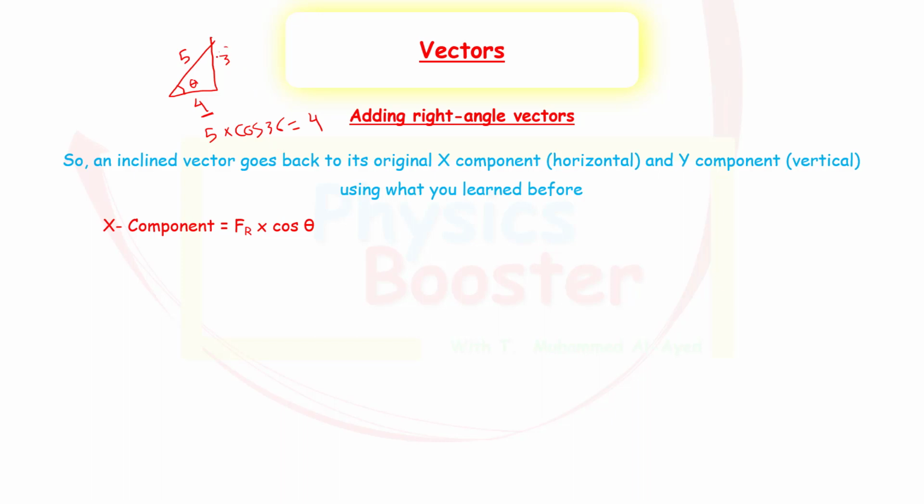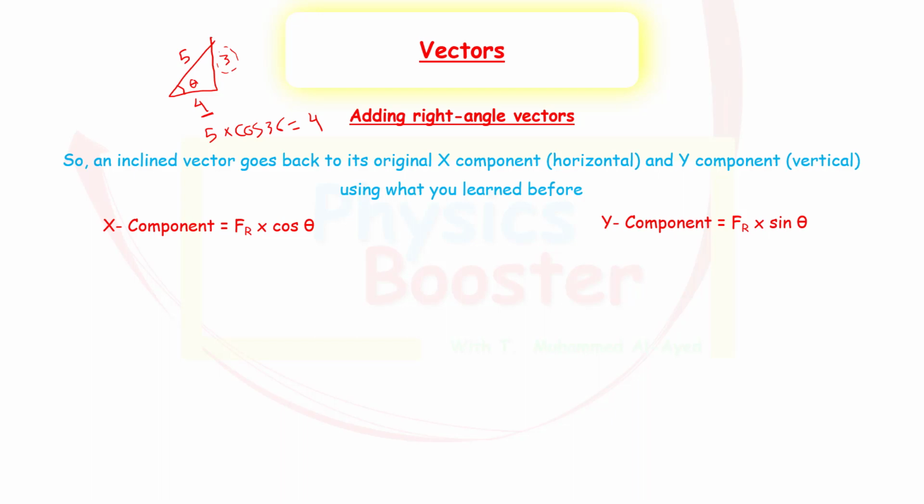If I want the y component, I can say that it's the resultant force multiplied by sine of the angle. So simply, if I have the inclination angle of any vector, I can turn it back into its x and y components.